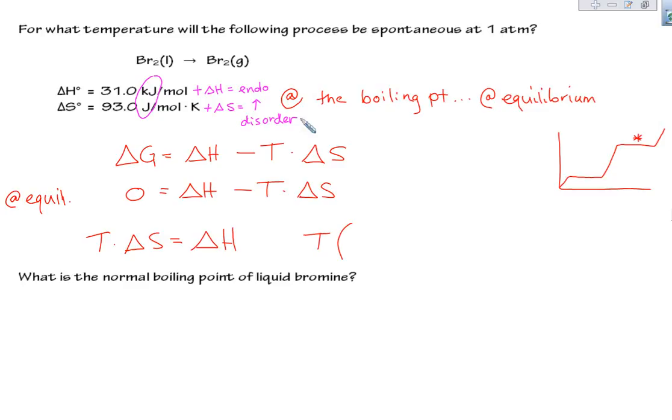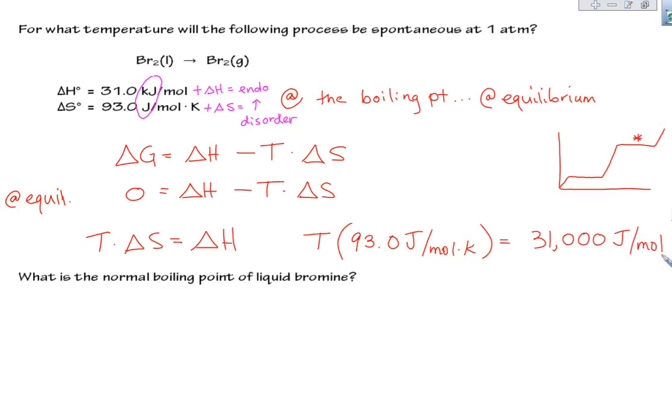We got to flip one or the other. We have to make these the same unit. It really doesn't matter to me which one you want to use. If I want to keep delta S as joules, I'd have to make delta H something like 31,000 joules per mole, with delta S at 93.0 joules per mole Kelvin.